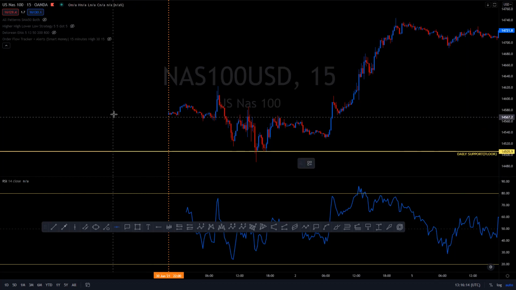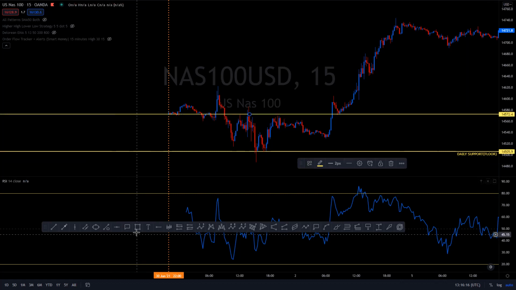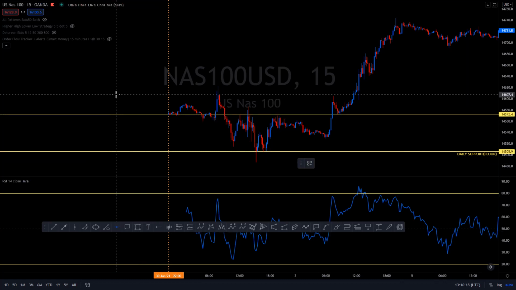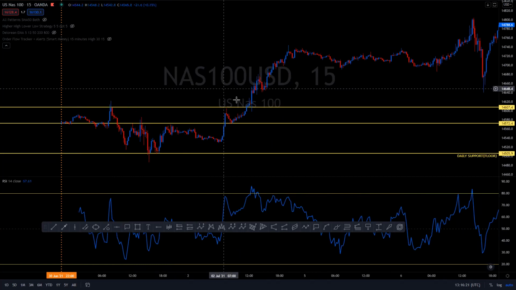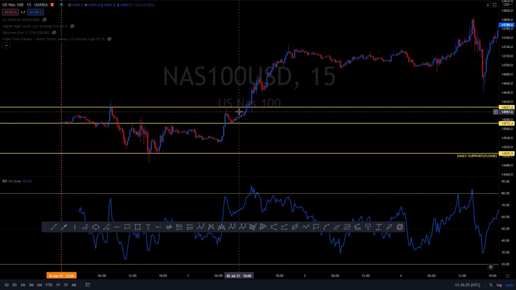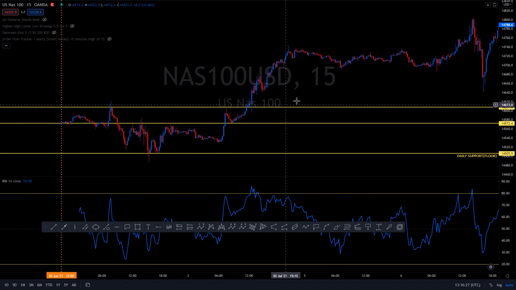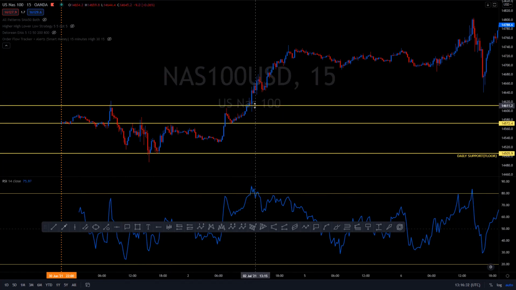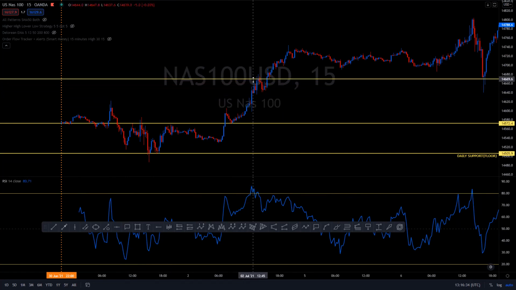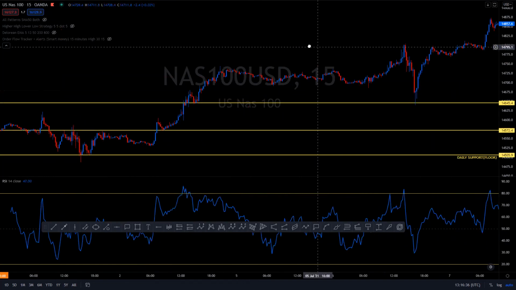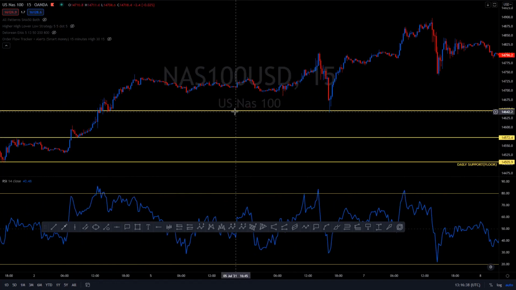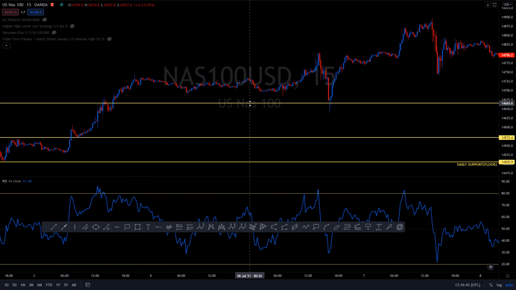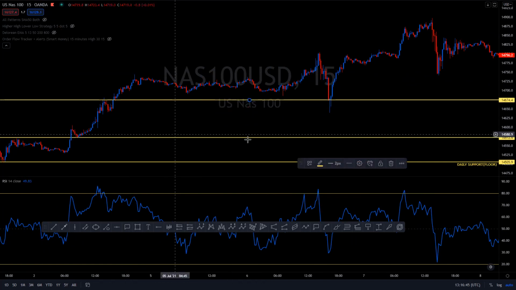So then there was another liquidity point here. See another one right here as well. Probably good right here. Maybe like up here.